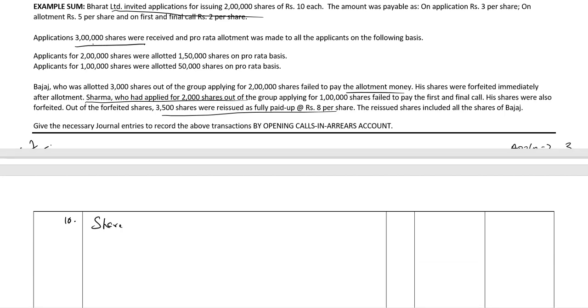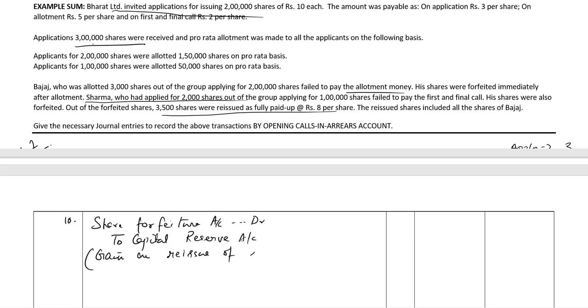Share forfeiture account debit, to capital reserve account, for the gain on the reissue of shares transferred to capital reserve.